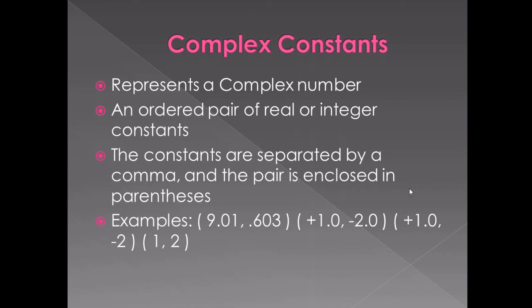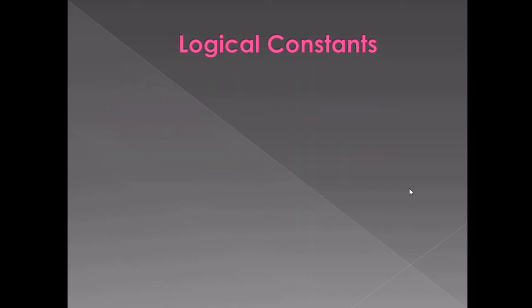Therefore, the last kind of constant that is used in Fortran is what is called logical constants. A logical constant represents a logical value. If you remember the decision box that we were talking about in flowcharts, when you are writing a program or trying to solve any problem, even in real life, at times we reach a crossroad.